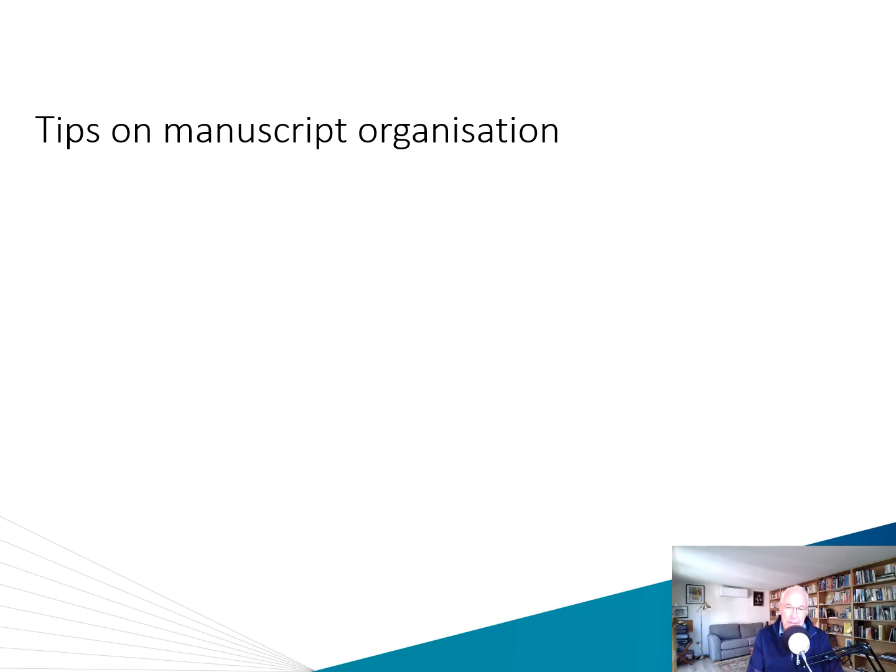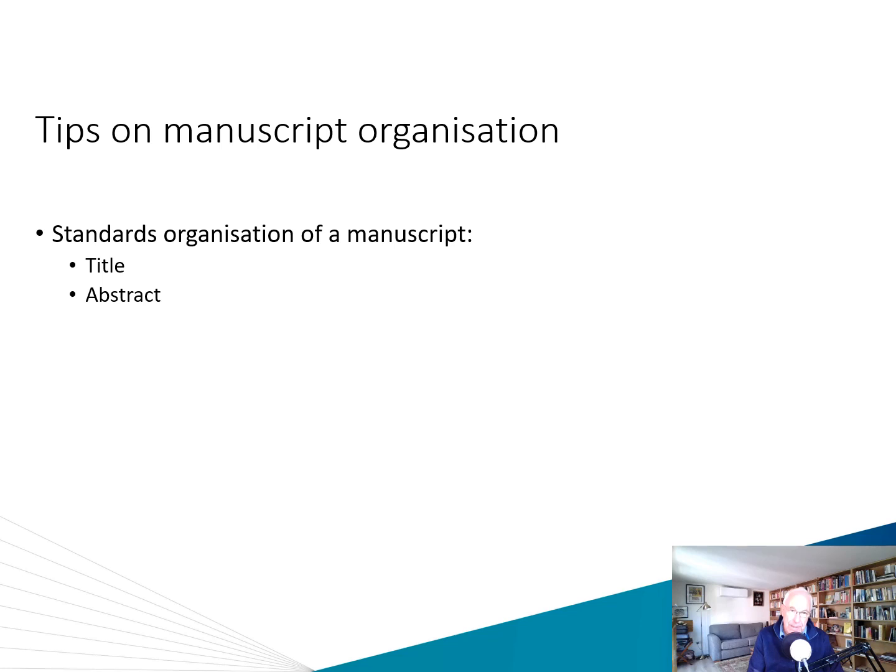Now, there's a fairly standard way of organizing manuscripts which is used across all journals. They're not all exactly the same, but they do follow a similar pattern, and it looks a bit like this. First of all, manuscripts must all have a title.